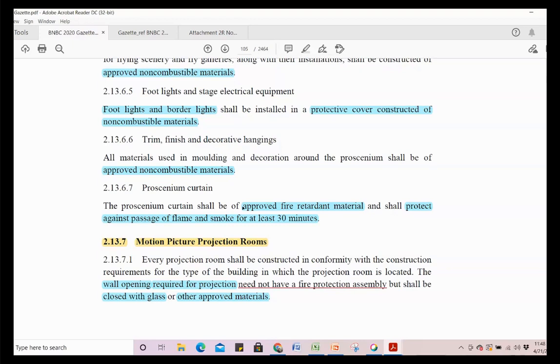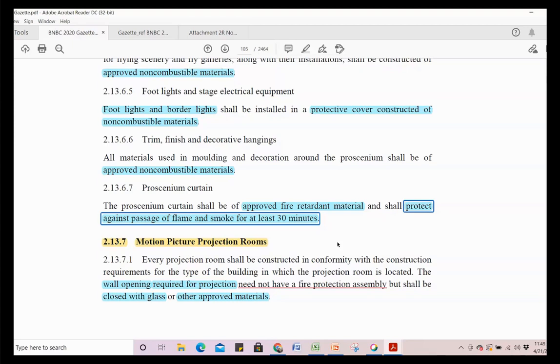So proscenium curtain. The proscenium curtain shall be of approved fire retardant material. So it has to have a fire rating also, and shall protect against passage of flame and smoke for at least 30 minutes. Since it is a large curtain, in case of any fire event, it may pose hazard to both the audience and the performers, because its location is in between.